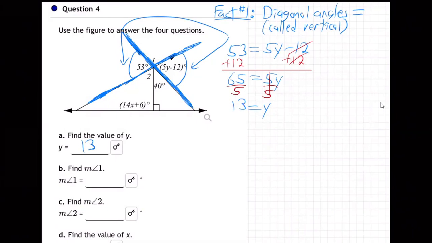So there we go. All right. And next they want us to find angle 1. Angle 1's right here, right? Measure of angle 1. Angle 1's right here. Do you see what we could do there? Let me erase some of this stuff.